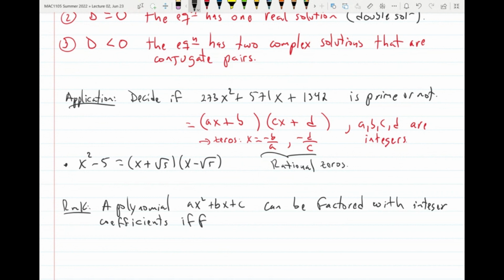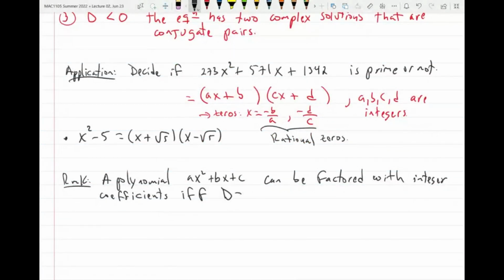If and only if the discriminant, which is b squared minus 4ac, is a perfect square. Okay, so to decide whether you can factor or not, look at this number.